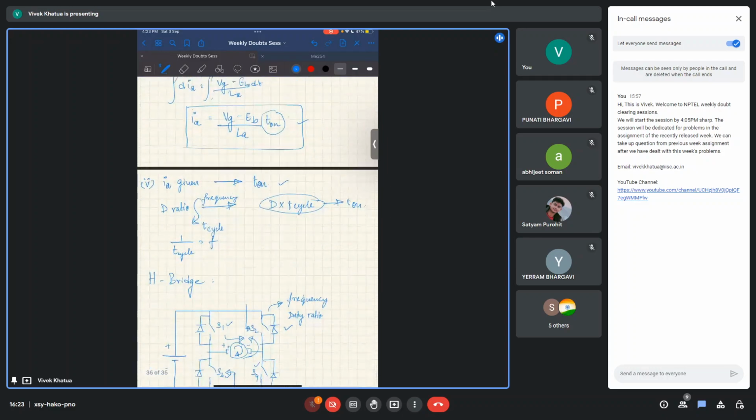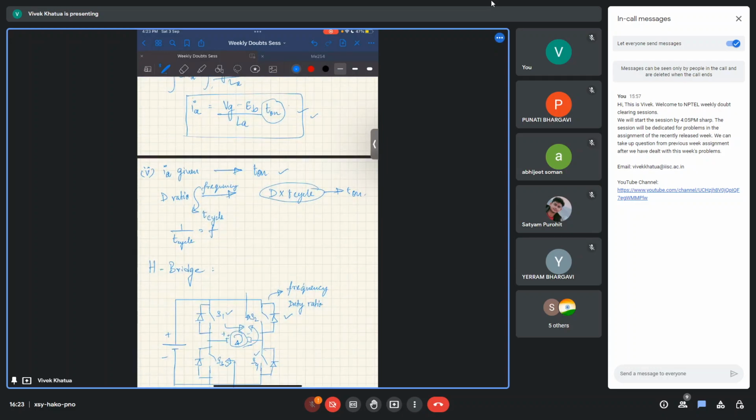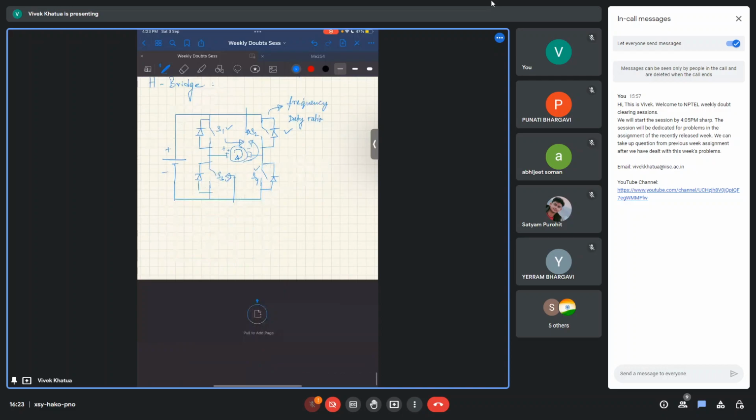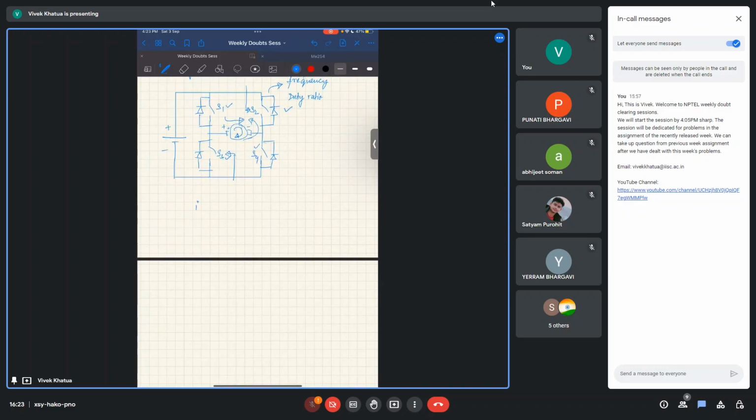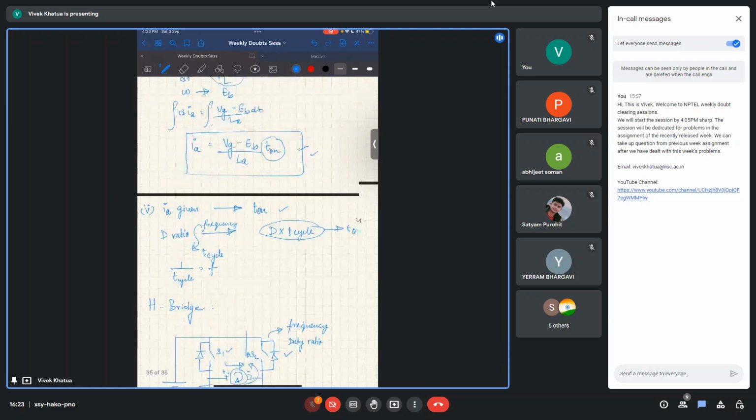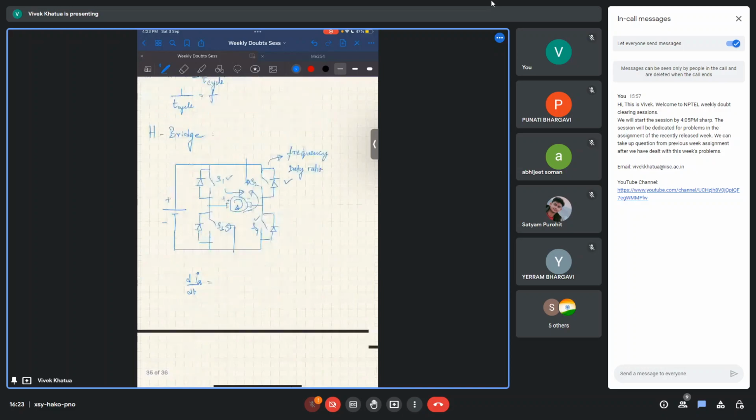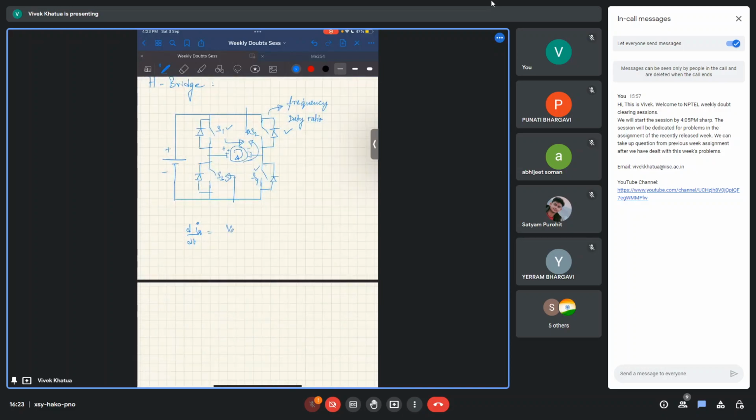So in cases where, let's take your current across, let us take this equation: VG minus EB minus RA IA divided by the inductance of the armature, right?